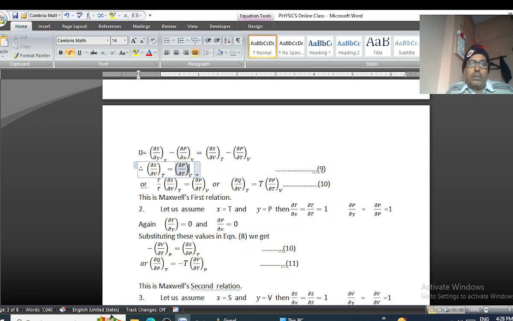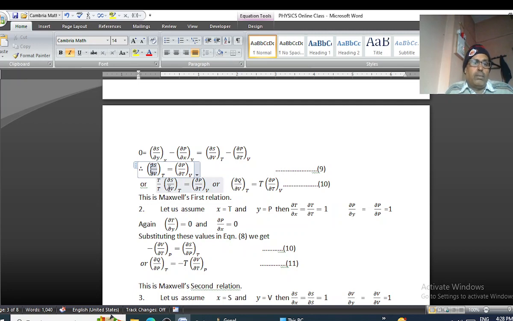Now this equation is assumed as equation 9. Here we multiply both sides by the same quantity T, and we know that TdS is equal to what? δQ. So we can write δQ. Here you can see it is divided by T. First we multiply by T, then we divide by T to make it balance.